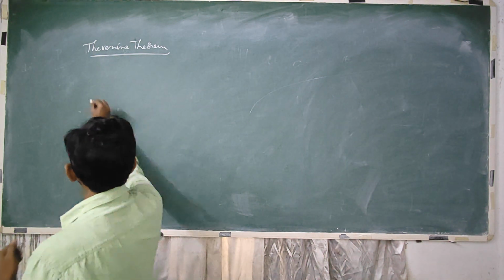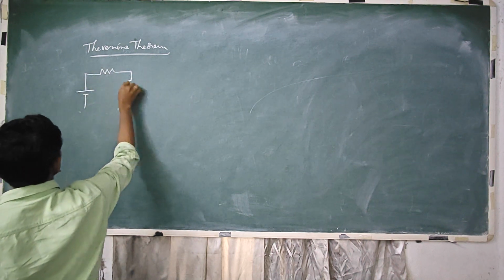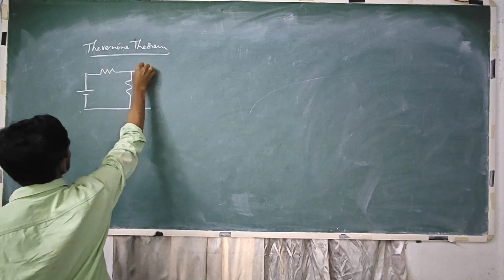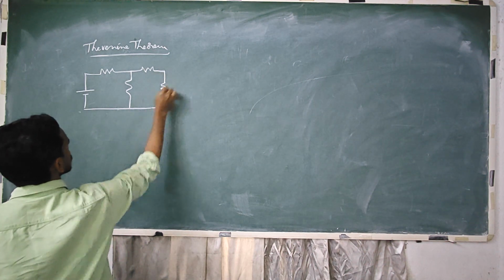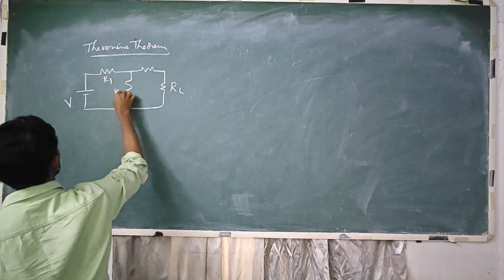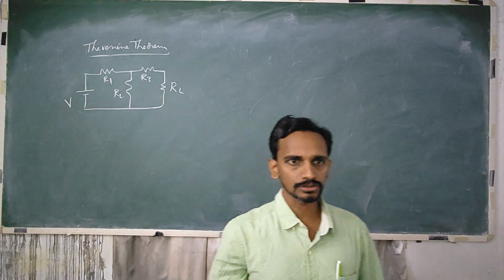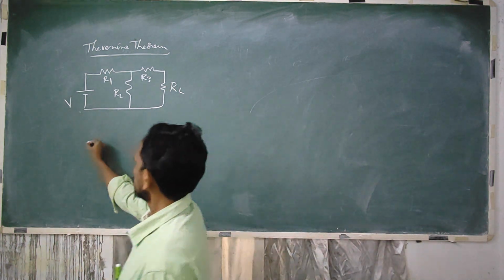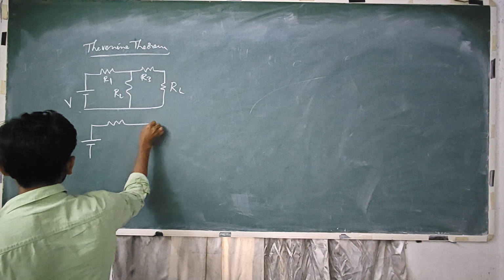Right? So I am taking some complex circuit with resistors. This is a load resistance, this is a voltage, R1, R2, R3. So this can be reduced to a constant voltage source in series with a resistance.